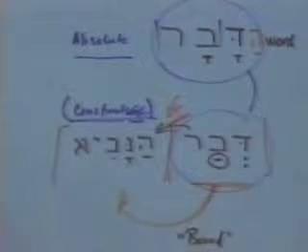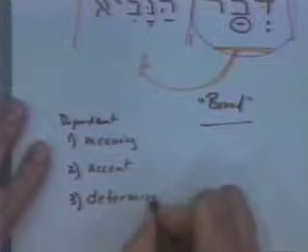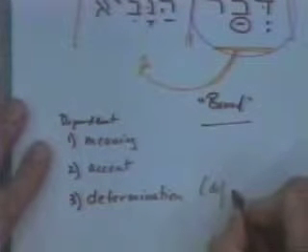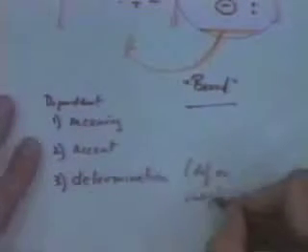And that's really because the construct noun is dependent on the final noun for its meaning, for its accent, and finally for its determination. Now this is a fancy way of saying definite article. Definite or indefinite.